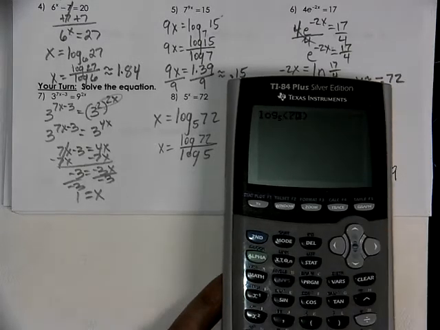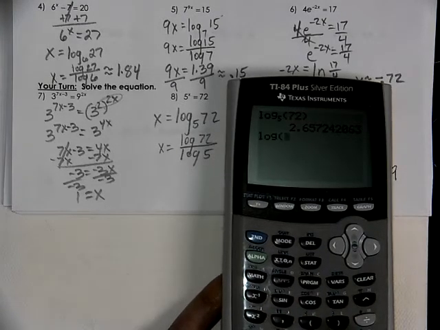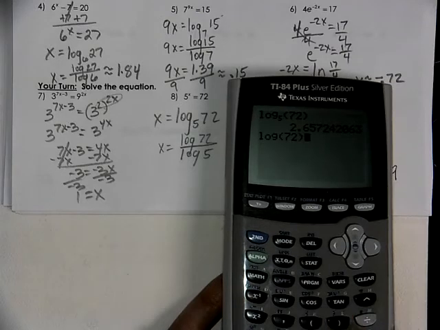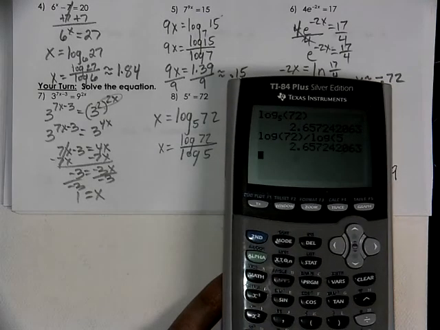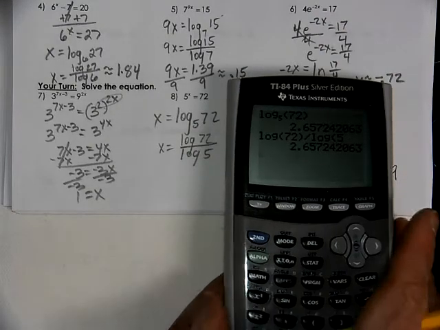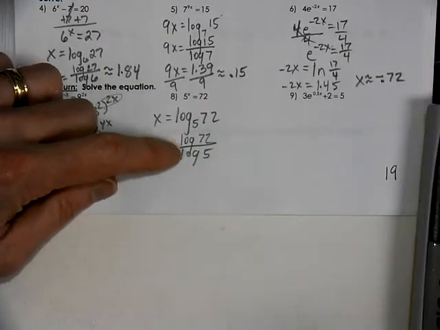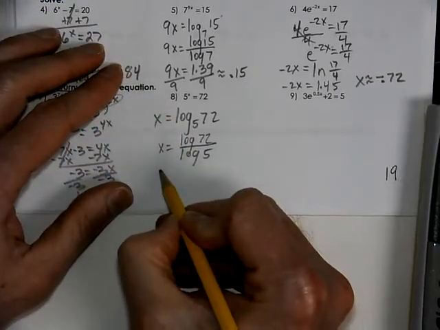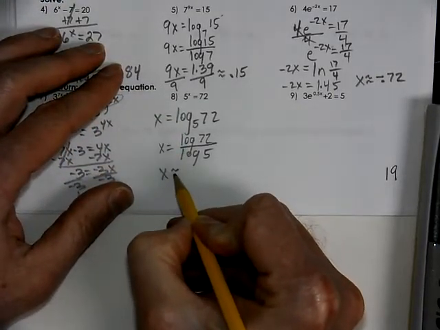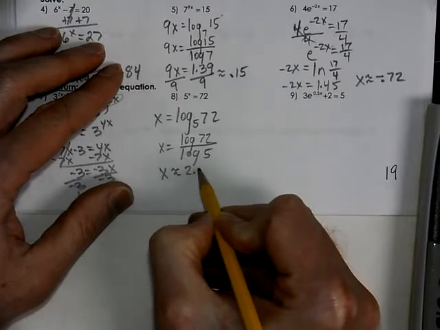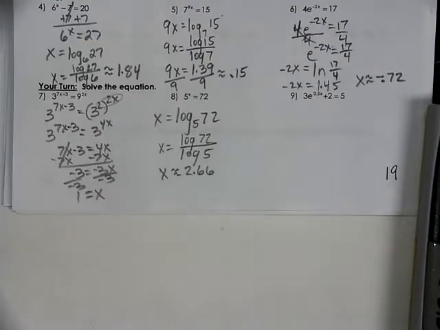Base of 5 and 72. Or you can just say log of 72, close the parenthesis, divided by log of 5, and you're going to get the same exact decimal. Doesn't matter which method you use. You should show your work in this format. So x is approximately 2.66.